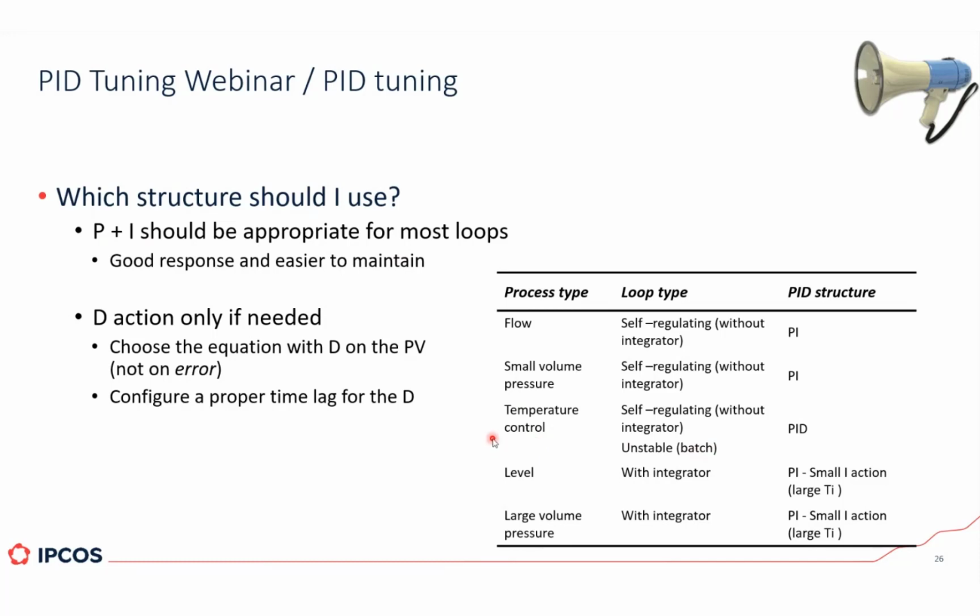And if we want to use a D action, it's better to use the D action on the PV, not on the error, because then we don't have any problems if we need to change the set point of the loop, for example. And again, if we are using D action, then we should use a proper time lag for this.